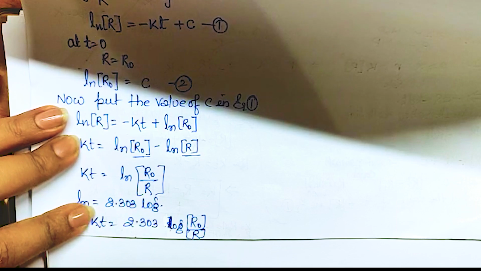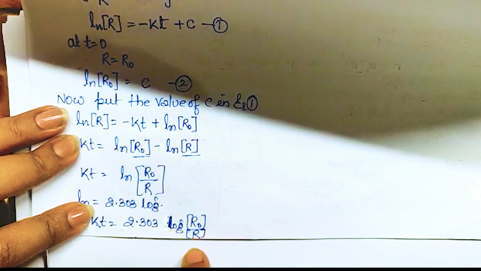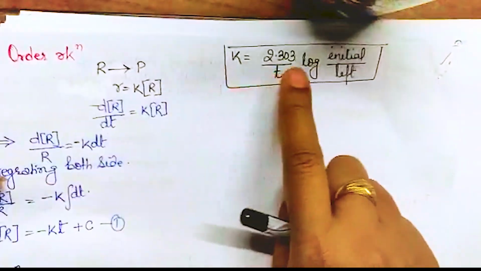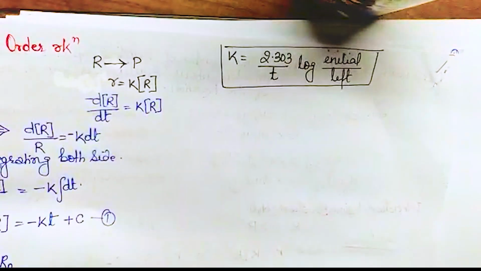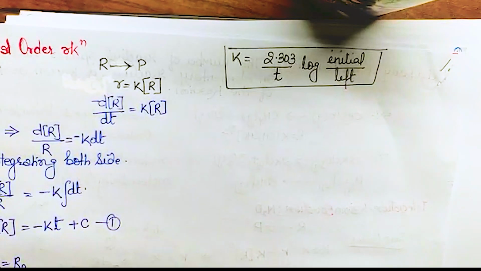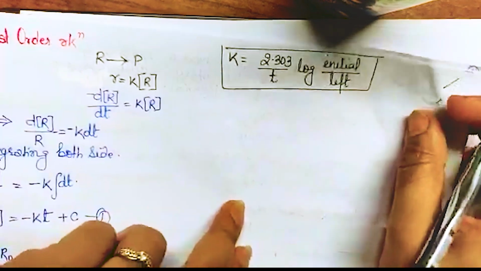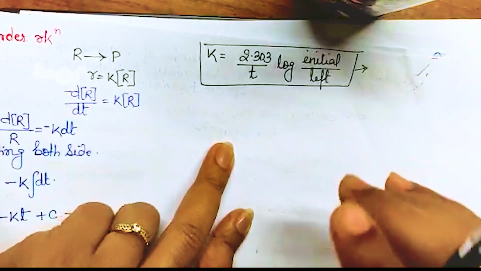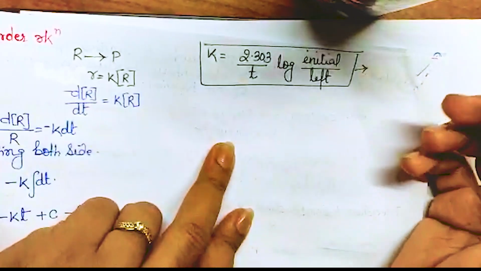So that means whatever has decreased from the initial, whatever has been consumed, so what is left is this R. Okay. So this formula can be generalized like k is equal to 2.303 upon t log initial upon left. This is the integrated rate constant for the first order reaction, and this formula is very much important, and the numericals of this topic will be asked from this formula only.